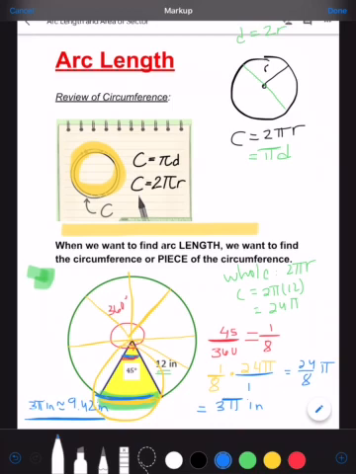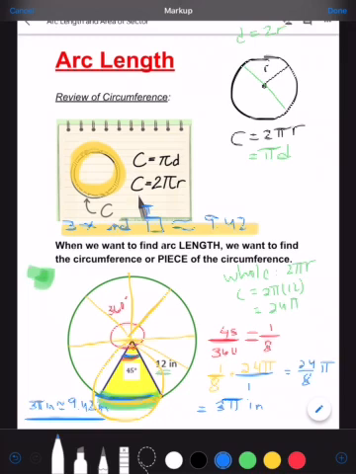Just a review, in the calculator you would write 3 times, then go second, look for the pi, and this is going to be 9.42. And remember, never round to the whole number unless they tell you to.